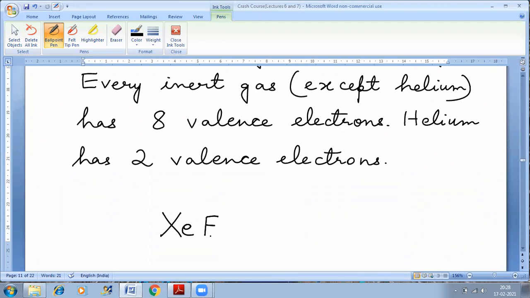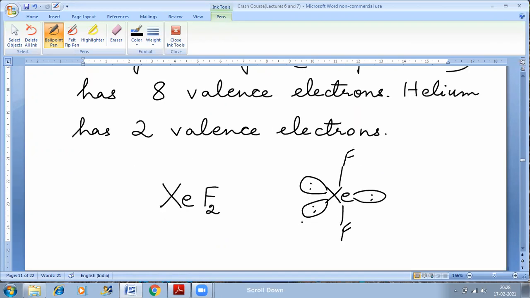Okay. So if I show you this one, here what is happening? This is the structure of XeF2. So how many electrons do you find around xenon now in total? 10 electrons.